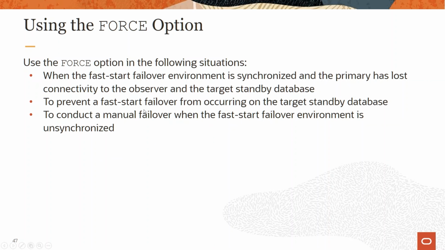And to prevent fast start failover from occurring on the target standby database, and to conduct manual failover when the fast start failover environment is unsynchronized. Okay, so for these 3 cases, you can use a force option with a disable fast start failover.